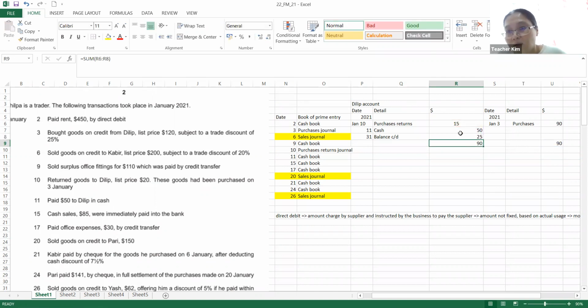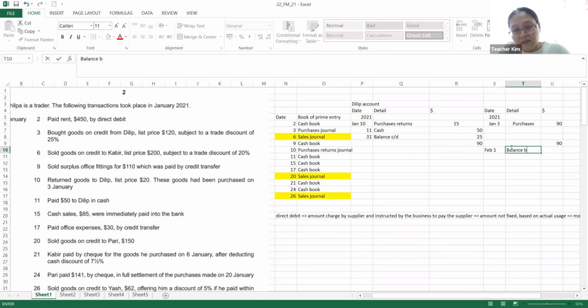Okay. Always remember, carried down, brought down must be complete. Don't forget it. Balance brought down.